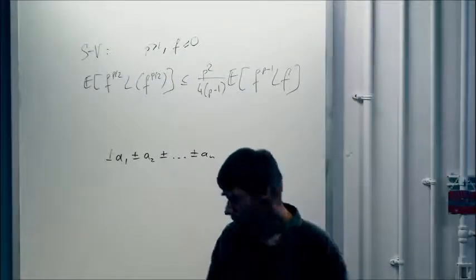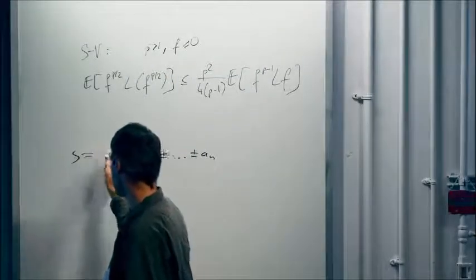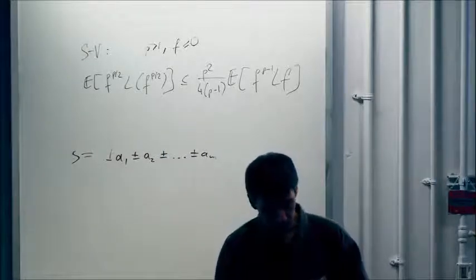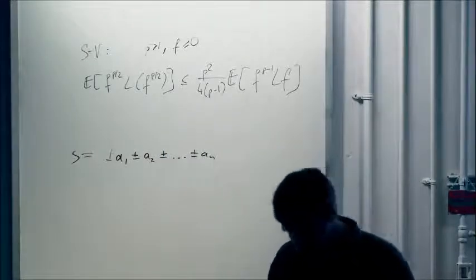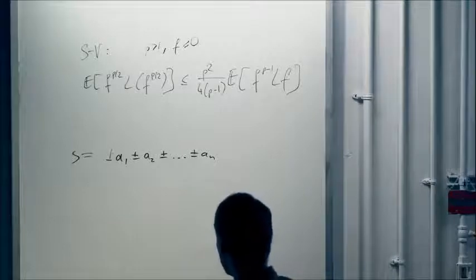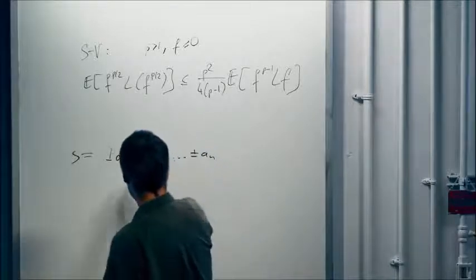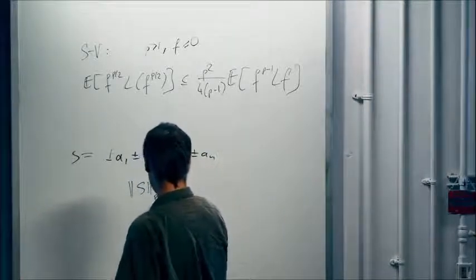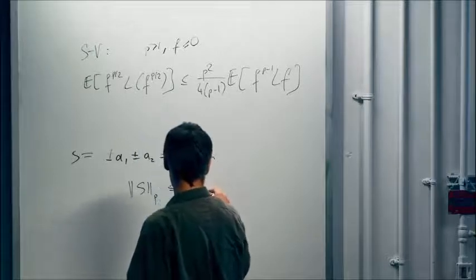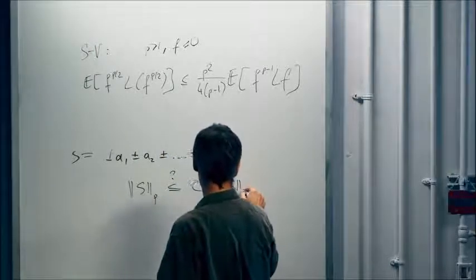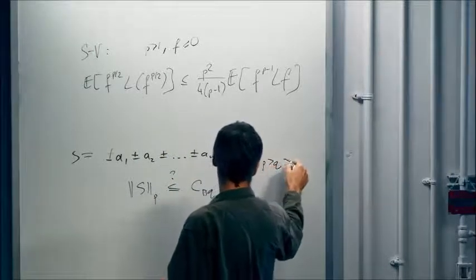And then, once you have such a random sum, when signs are chosen independently with probability 1/2, plus and minus, you want to compare its pth norm with its qth norm, when p is greater than q, greater than 0.